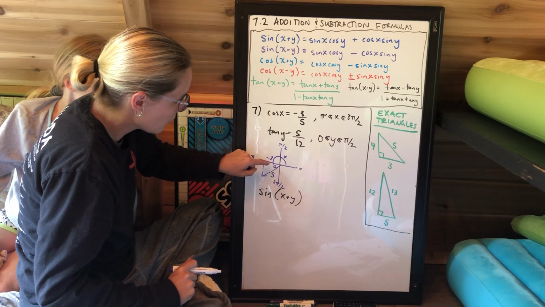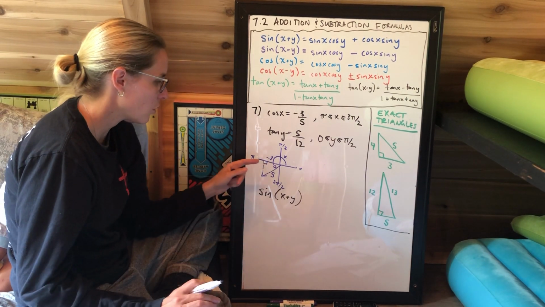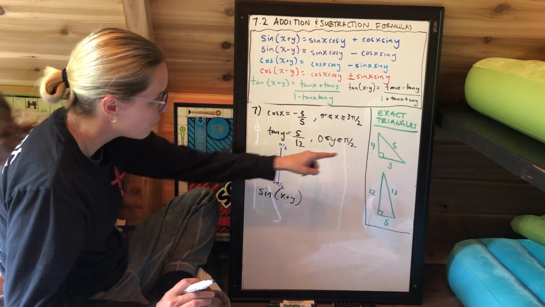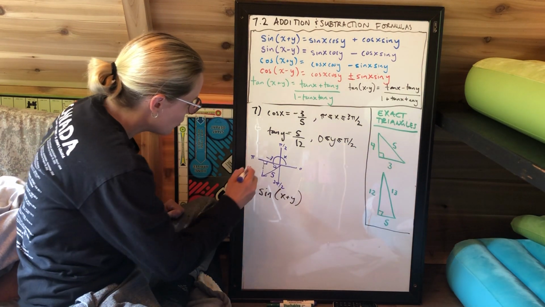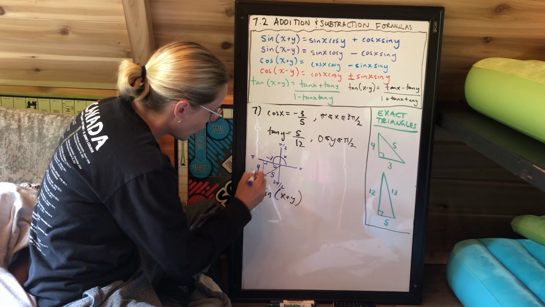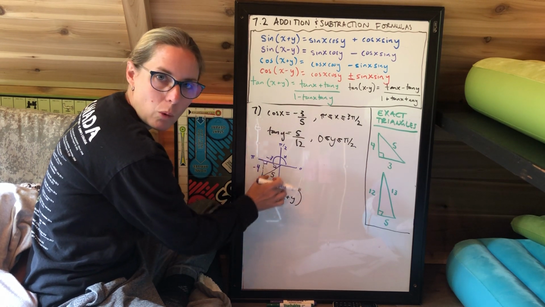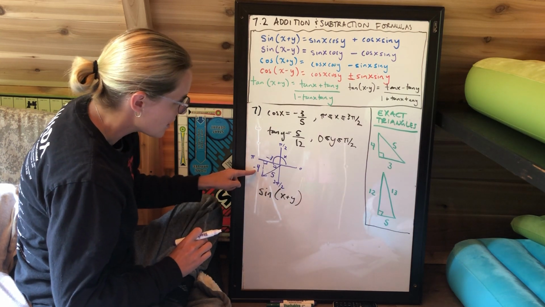Now what we want to realize in this question is this is an exact triangle. If we have a leg length of 3 and a hypotenuse of 5, the other side length must be a 4. And in fact, it's going to be a negative 4 because it's down in the negative part of the y-axis. Now, you could have also solved this a different way.